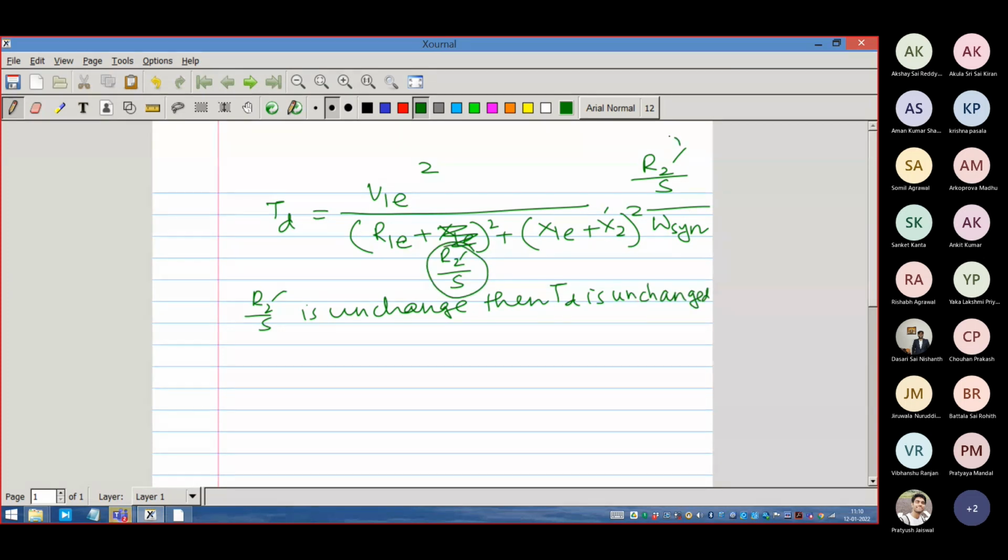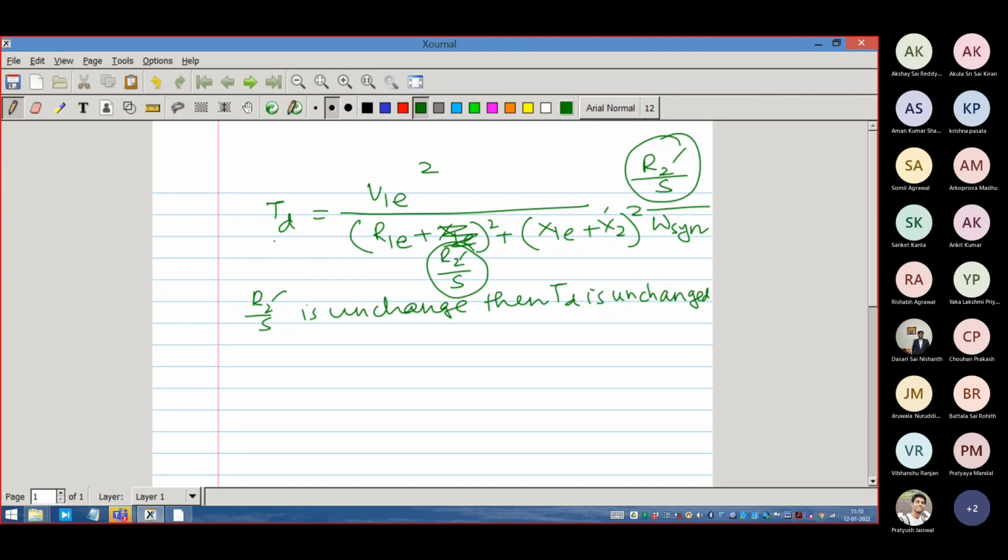R2 dash by S is a ratio. So as long as the ratio is unchanged, the torque will not be different. That means I can design a machine with higher resistance and operate at a higher slip, but I will be getting the same amount of torque.